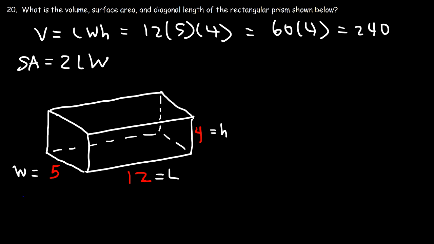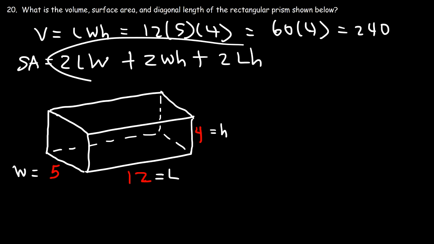Next we have this side, the left side, and also the right side, which is basically the width times the height. So it's going to be 2WH. And then we have the area of the face on the back and the one on the front, which has the dimensions L times H. So it's going to be 2LH. So this is the formula to calculate the surface area of a rectangular prism.